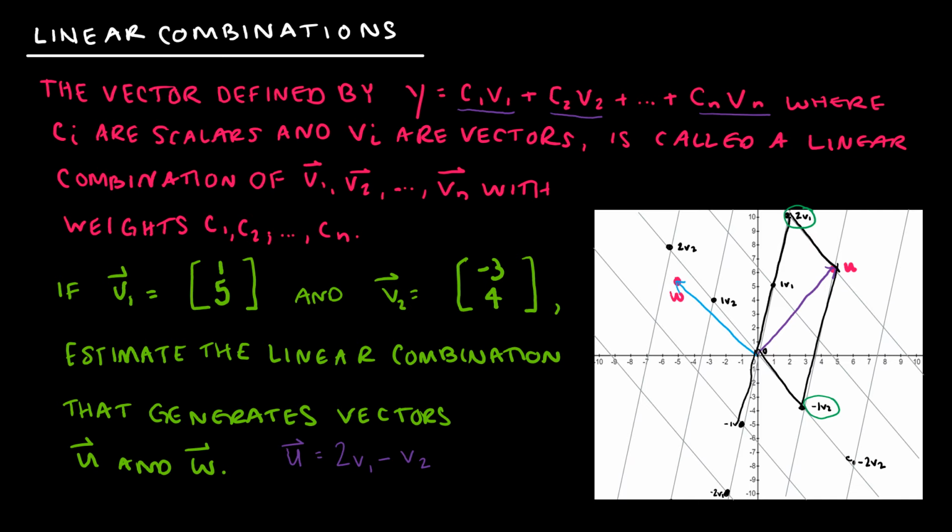I'll use blue. Nope, I'll use green because I need it to be different than blue. So it looks like I can go ahead and follow this line, and it's going to stop about right here.